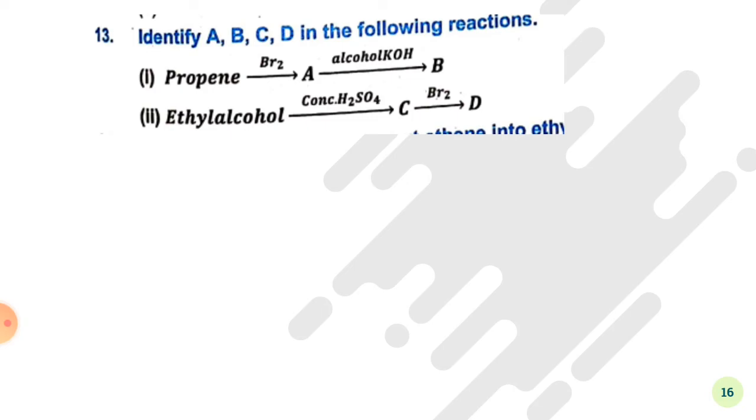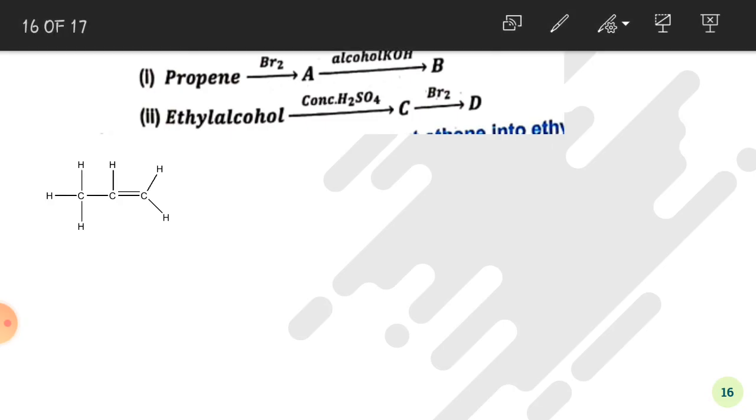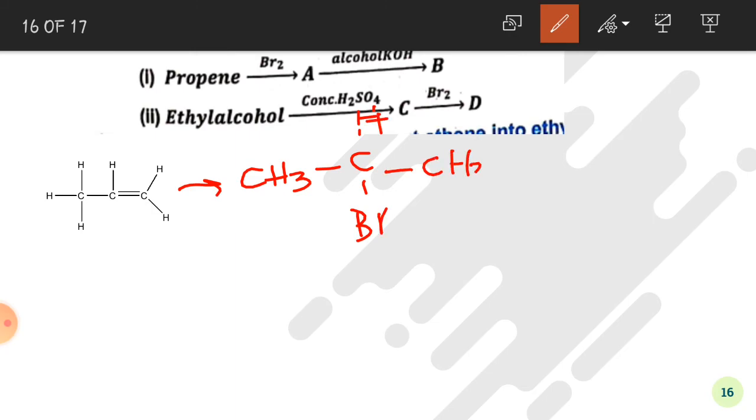Identify A, B, C, D in the following reaction. In the first reaction, we have propene. When bromination takes place, it results in the formation of a compound like this. Bromine atoms will be added across the double bond. Now in the next step, we are using alcoholic potassium hydroxide. So this means that there would be dehydrohalogenation.